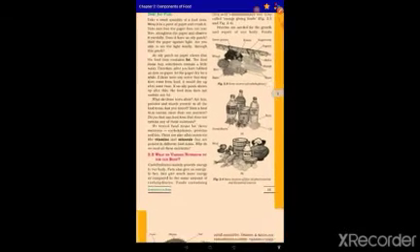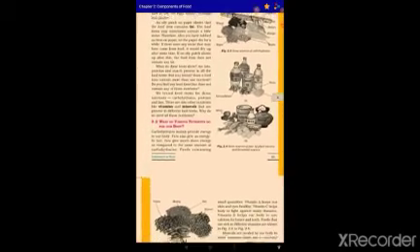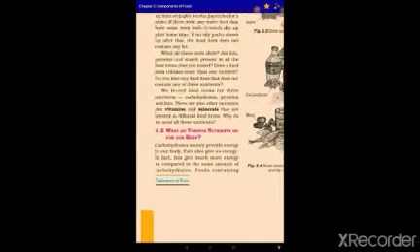Take it and rub it on the paper. Then you will see that the paper becomes a little translucent from being opaque. This indicates the presence of fats.